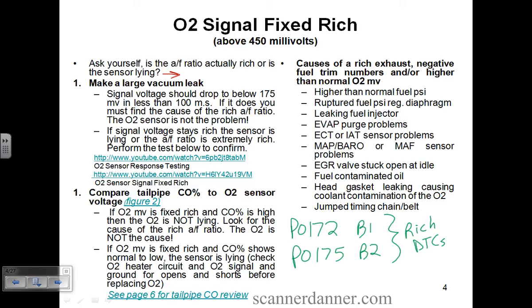If you have a rich fault code in memory and you look at that O2 and it's flatline rich, before you chase rich conditions, which would be higher than normal fuel pressure, a ruptured regulator diaphragm, leaking injectors, evap purge problems, etc. before we would chase that, we want to make sure that we check this sensor for reaction.